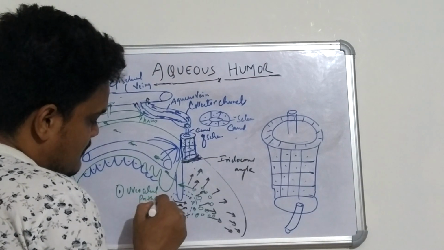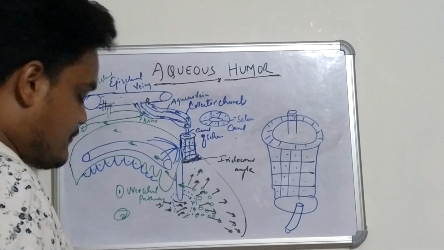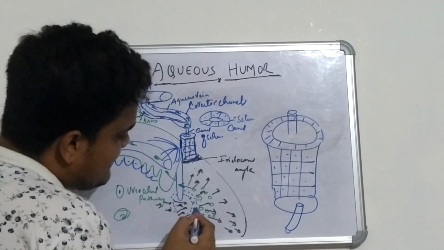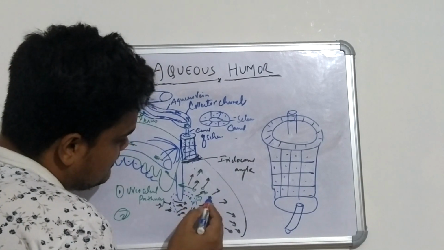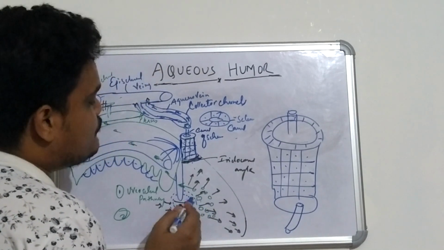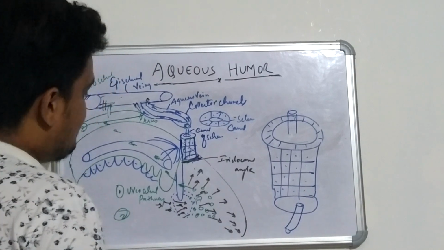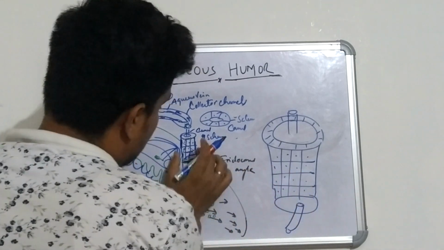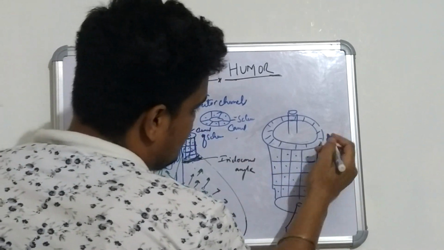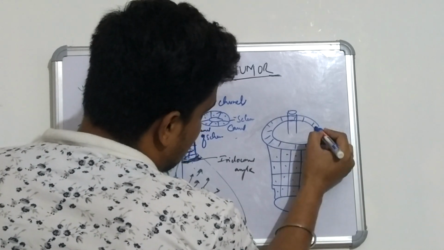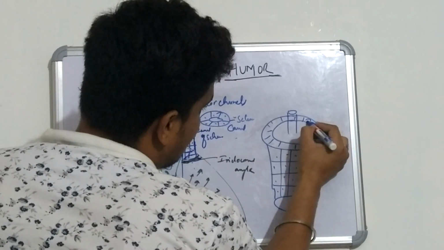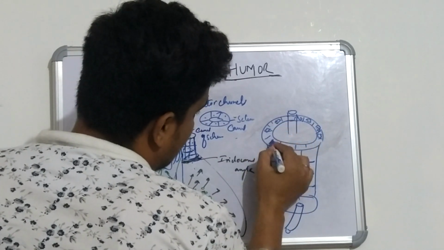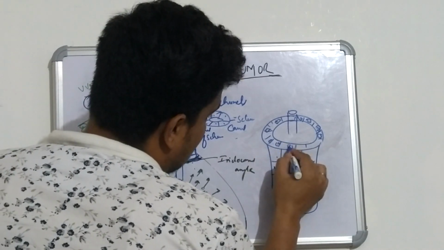And the second one, which is very important to understand: if any kind of cell debris is present in this particular area which makes the fluid unclear, we have macrophages. This diagram is the magnified view, where the plates of the Schlemm's canal have macrophages. There will be phagocytosis, where all this cell debris will be engulfed.